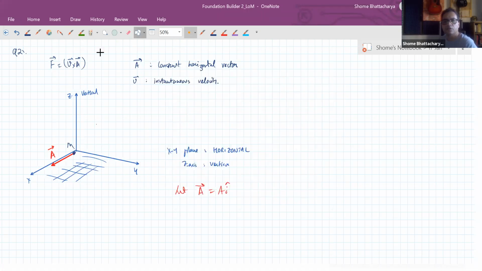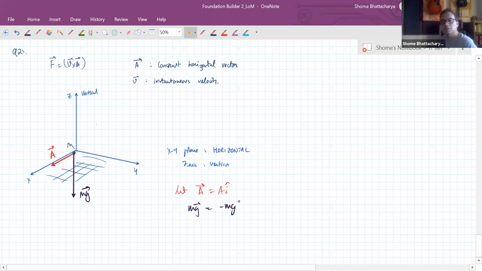So if I want it to go at constant velocity, okay, so mg will be minus mg k cap, that is vertically downwards.